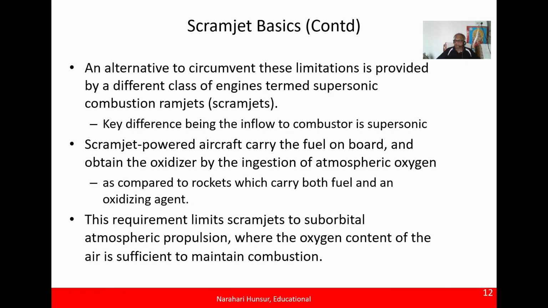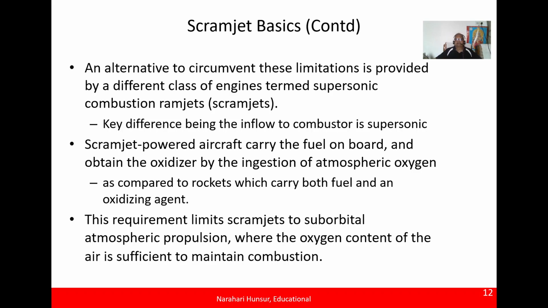An alternative to circumvent this is what is called a scramjet, in which the flow in the combustion chamber is not slowed down to subsonic conditions; it is still supersonic, but a low supersonic.